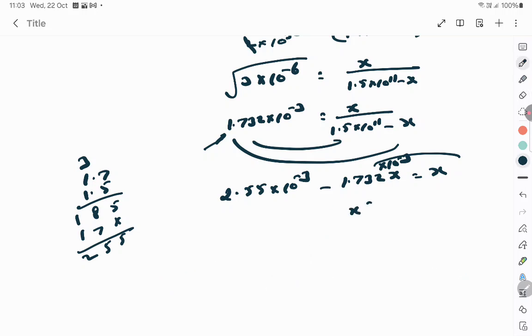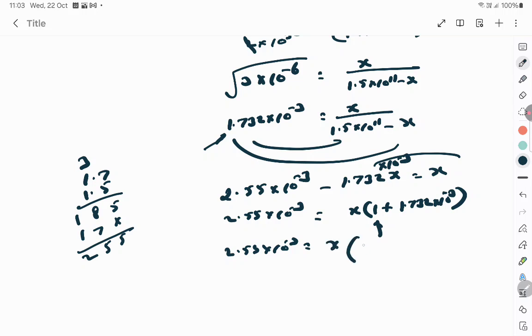You get x into 1 plus 1.732 into 10 to the power 3, into 10 to the power minus 3, is 2.55 into 10 to the power minus 3. So in order to get a 10 to the power minus 3 here, to simplify this faster, you can multiply and divide x by 10 to the power minus 3.